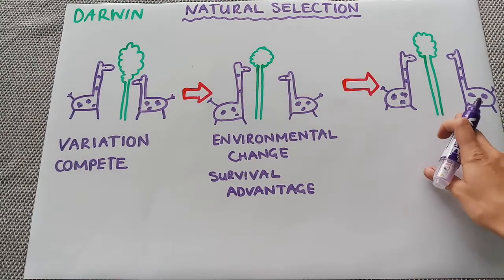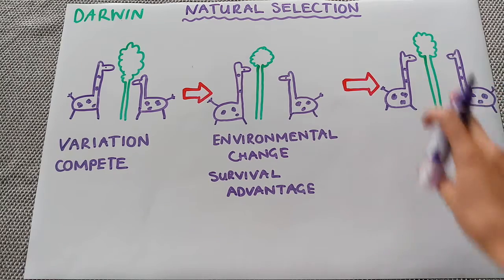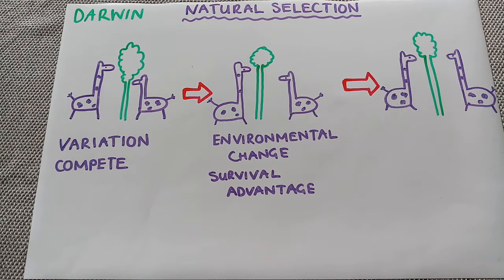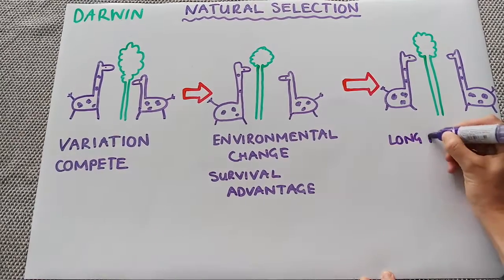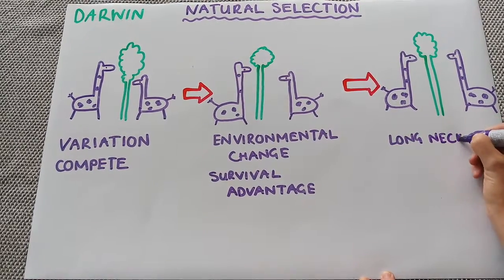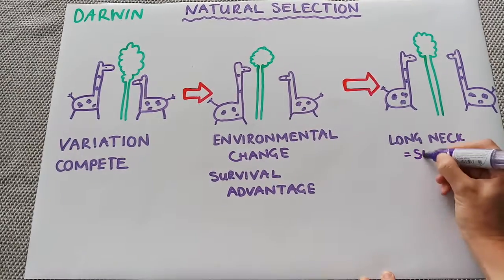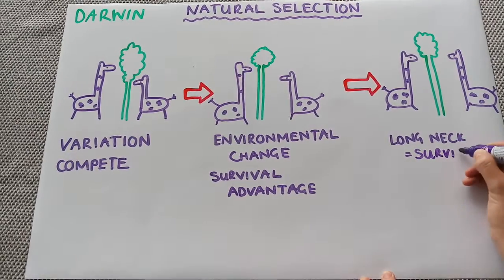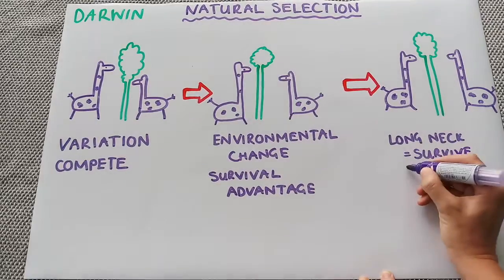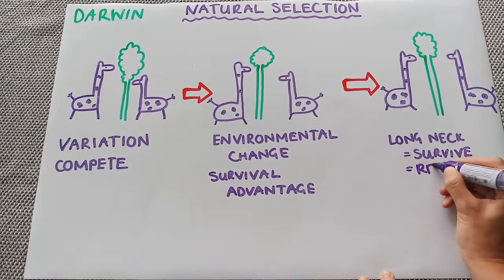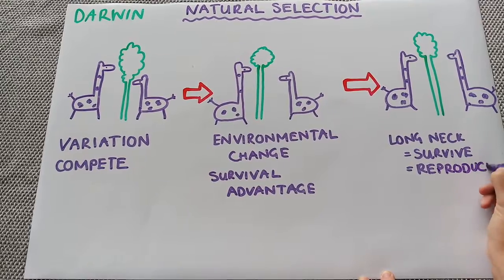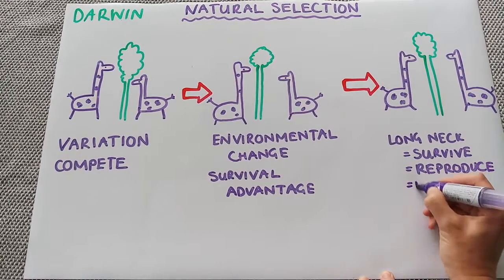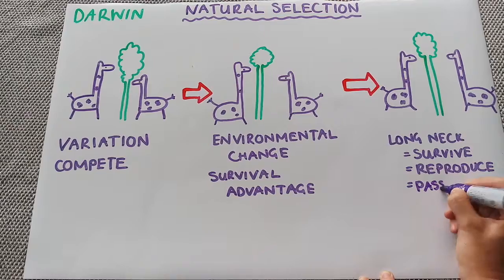And so with these two long-necked giraffes, they can still access the food, so they're still going to be able to survive. So here we've got long-necked giraffes. They survive. They can then reproduce. And they will also pass on their genes.